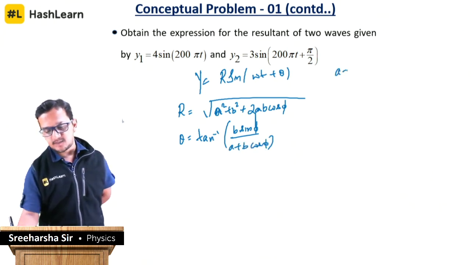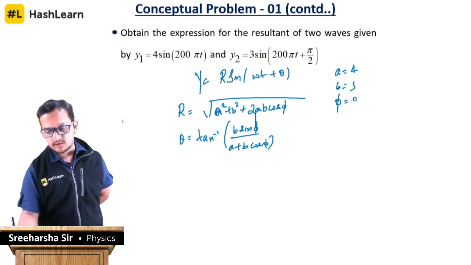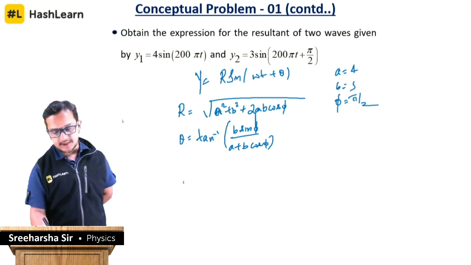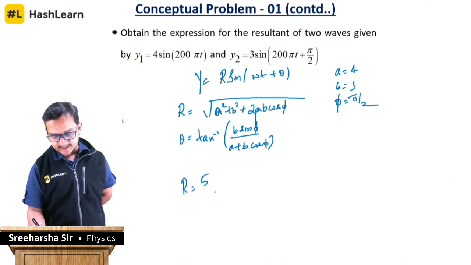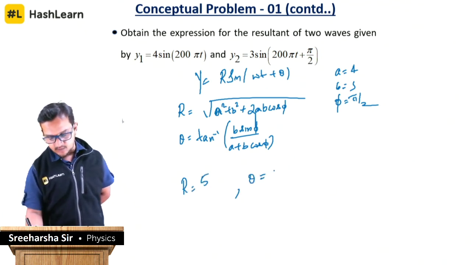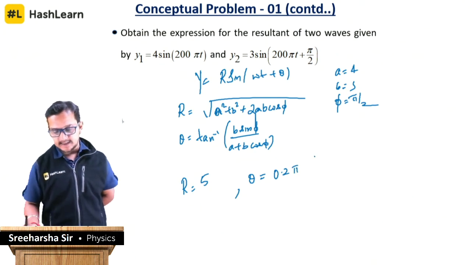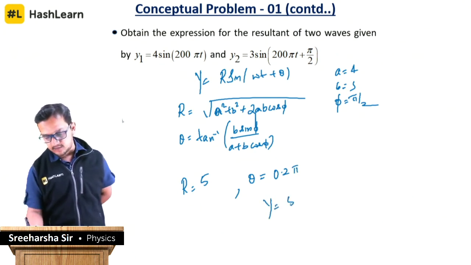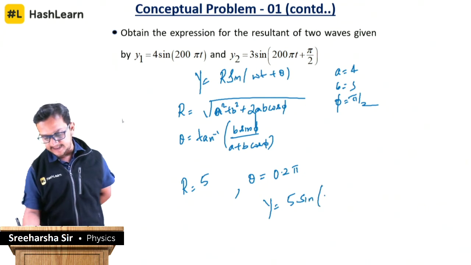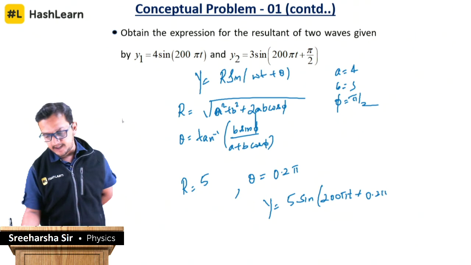Here the value of small a is 4, b is 3, and phi equals pi by 2. On substituting, you will get R equals 5 and theta equals 0.2 pi radians. So the equation will be y equals 5 sine 200 pi t plus 0.2 pi.